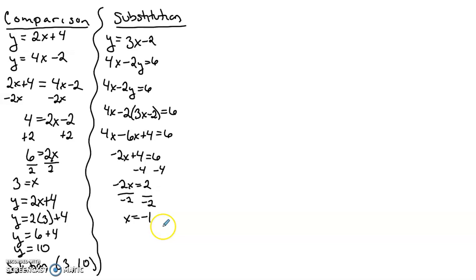Just like in the first case, we don't just want our x value, we want our x value and our y value. So we can take either of our first two equations and substitute our x value in, just like we did when we were using comparison. So let's take this top equation. y equals 3x minus 2. Well, we know in this case now that x equals negative 1, so y equals 3 times negative 1 minus 2, and now we can solve. y equals 3 times negative 1 is negative 3.